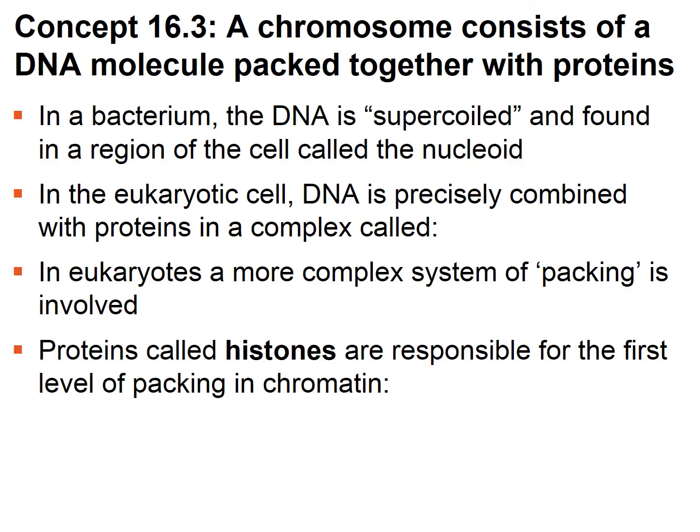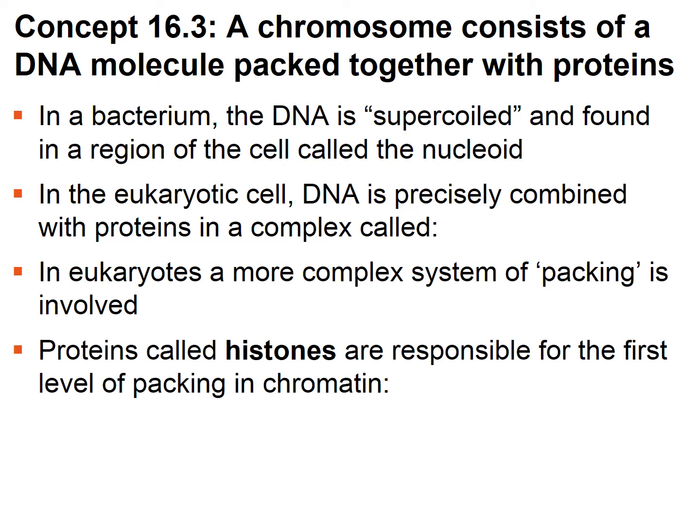Now, the last concept that the book talks about is how a chromosome consists of a DNA molecule packed together with proteins. So in order for DNA to fit inside a cell, it has to be compacted. In a bacterium, the DNA is what we call supercoiled. It's found in a region of the cell called the nucleoid. Remember, prokaryotes don't have a nucleus.